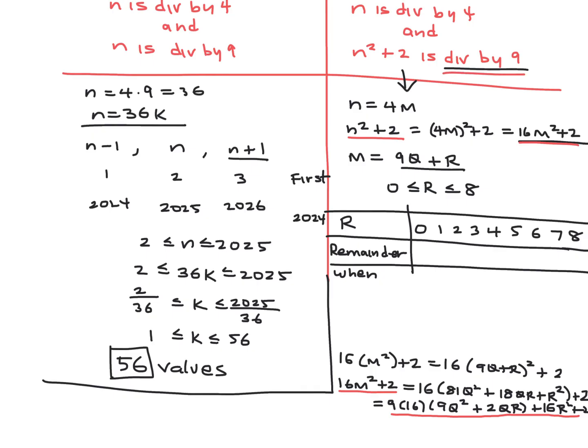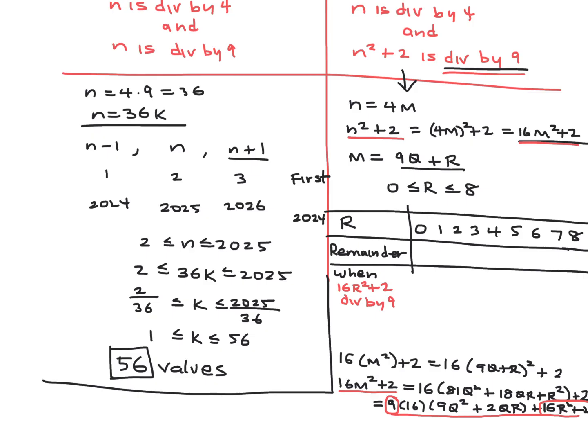And since this is already divisible by 9, this end part, that 16r squared plus 2, has to be divisible by 9 in order for this to work. So then we have to figure out the remainders when 16r squared plus 2 is divided by 9 for each value of r, right?